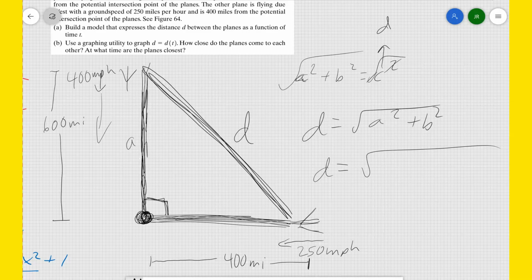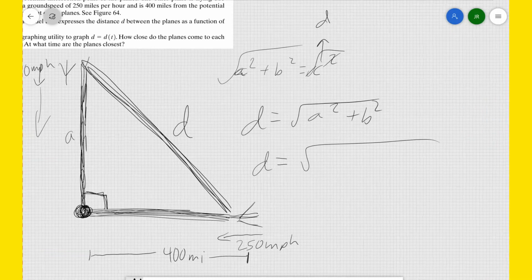So it starts out 600, but it's decreasing by 400 miles every hour, which I will call t, the time in hours. So it's 600 miles, but that 600 miles is decreasing by 400 miles every time another hour passes, so 400 miles times the number of hours, which I'm going to call t.